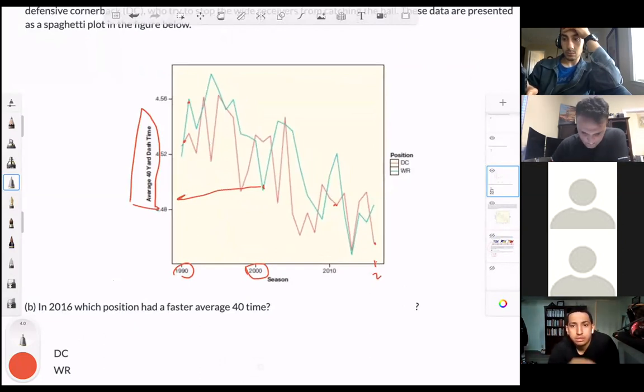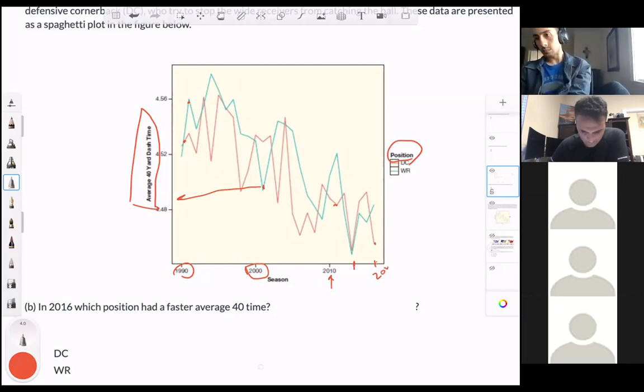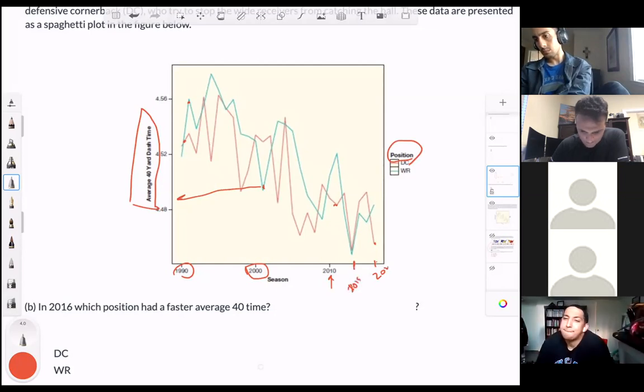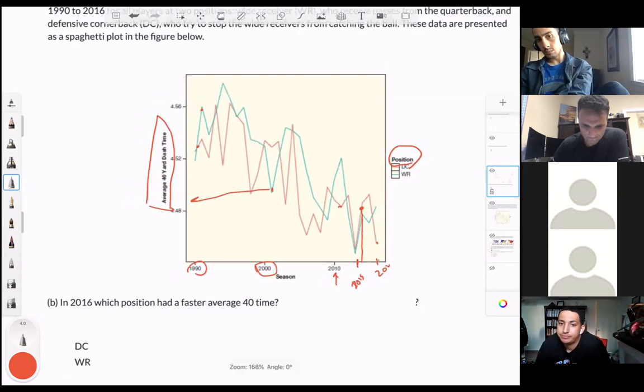So here's 2000. So the DC, the red. What's DC? Is that a position? Yeah. I'm sorry. Yeah, here's a position here. So in 2000, this is 2010, 2020 here, 2015 and 2016, say here. So the DC, correct? Defensive quarterback.